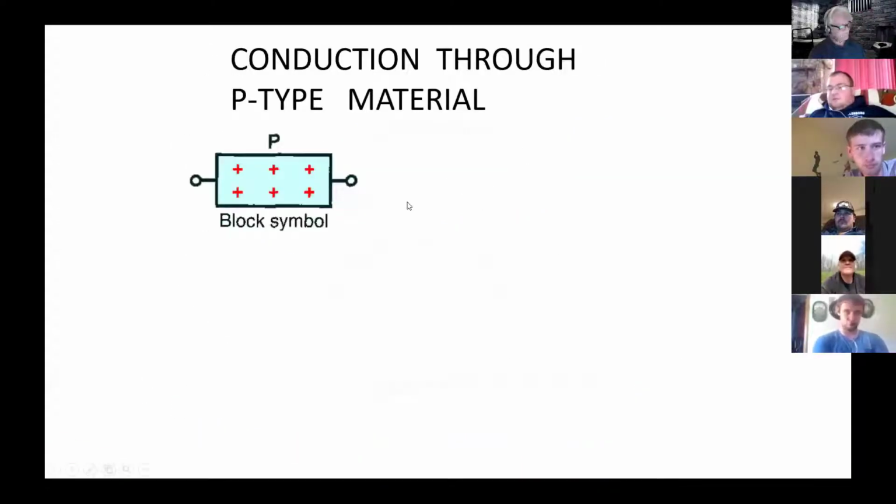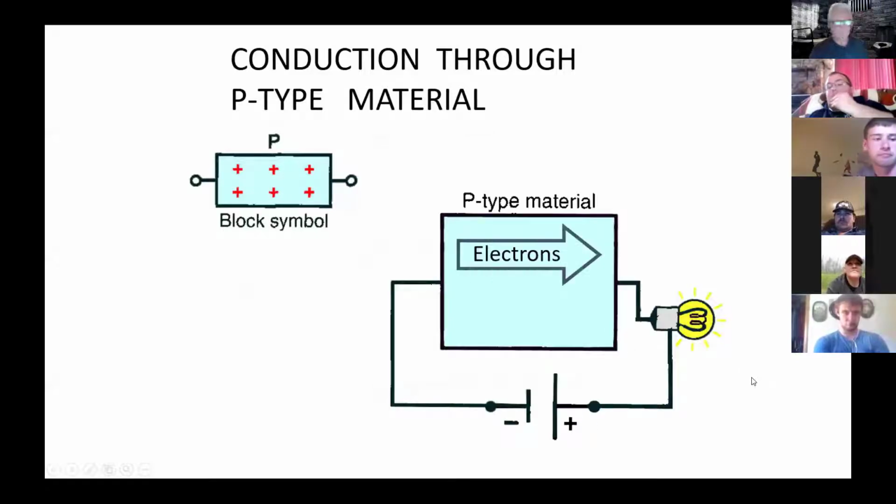Different symbol. If you put it in a circuit, it pretty much acts the same as the n-type. So whether it's p-type or n-type, when they're by themselves, they pretty much act like resistors. And because these are difficult and expensive to make, you've probably seen pictures of Silicon Valley where people are working with these things with hazmat suits on, because if you get a piece of dust in these crystals, it alters them.